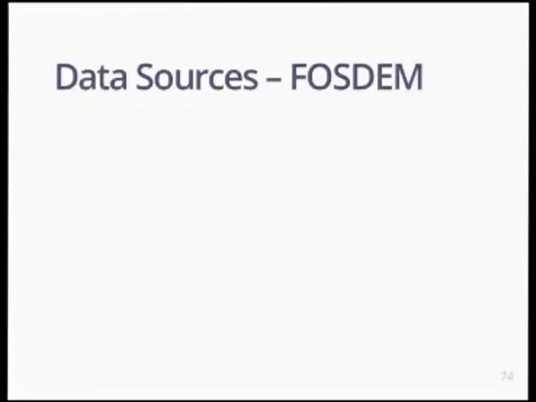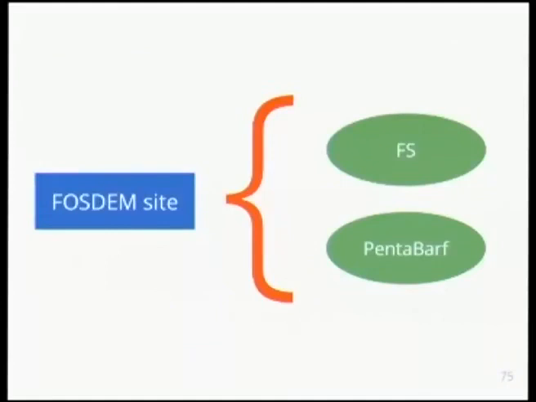The FOSDEM website also uses data sources, and they use 2. They have the file system data source, obviously, but they also have Pentabarf. And Pentabarf is a conference planning system that they use; if you're a speaker, then you've interacted with it.